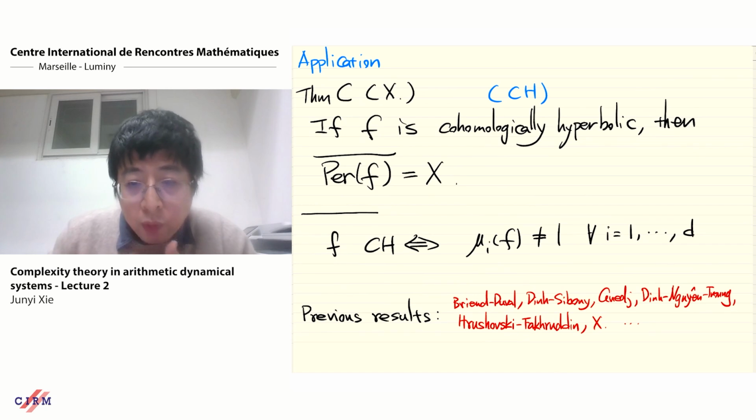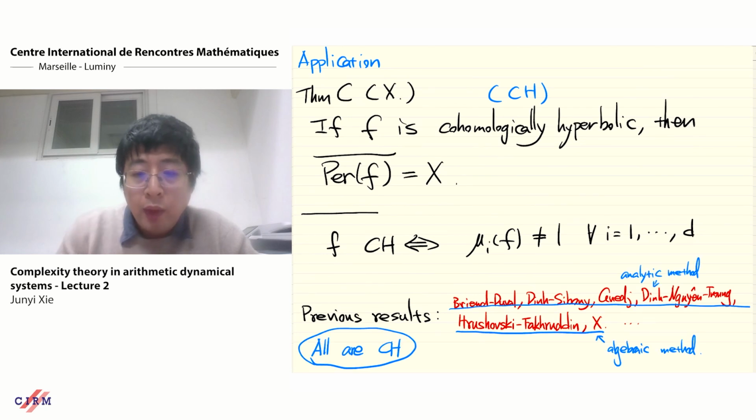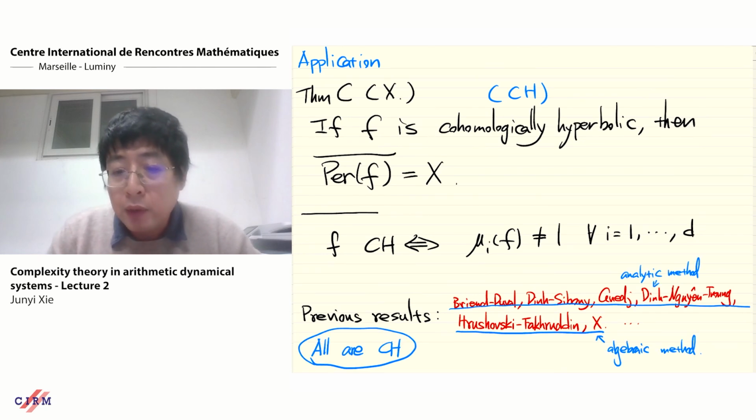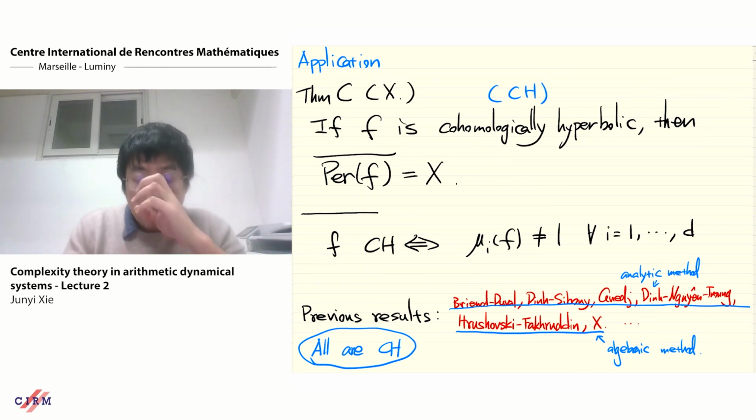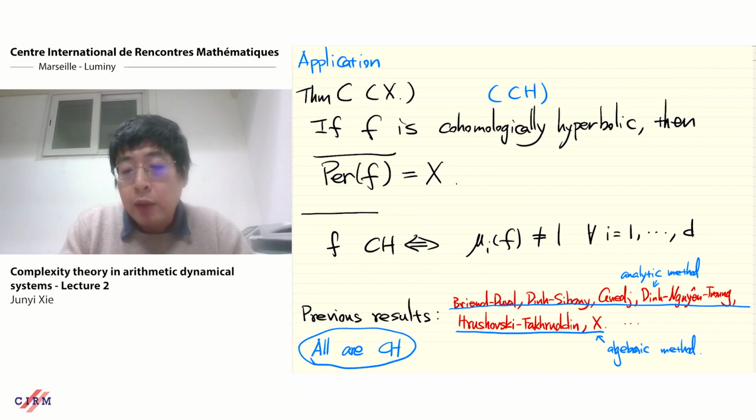So we get some special cases of this theorem. I think the first line is all by analytic methods, and the last line is by algebraic methods. And the algebraic and analytic methods have different advantages.